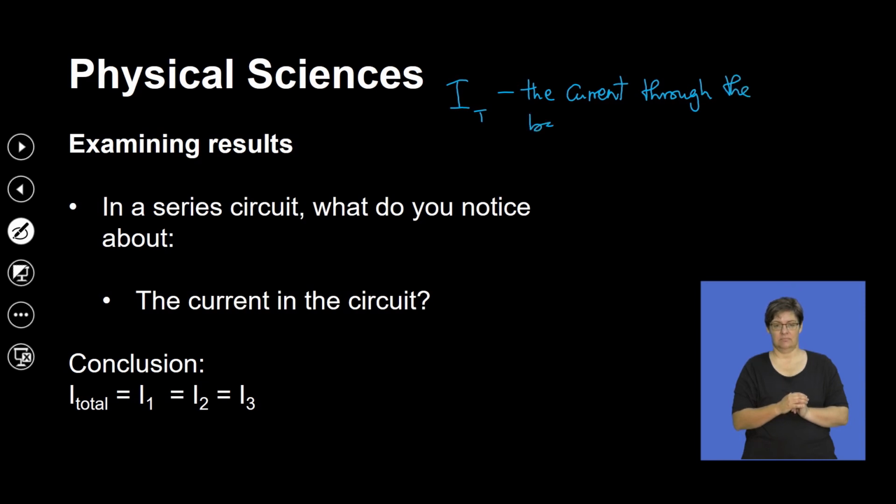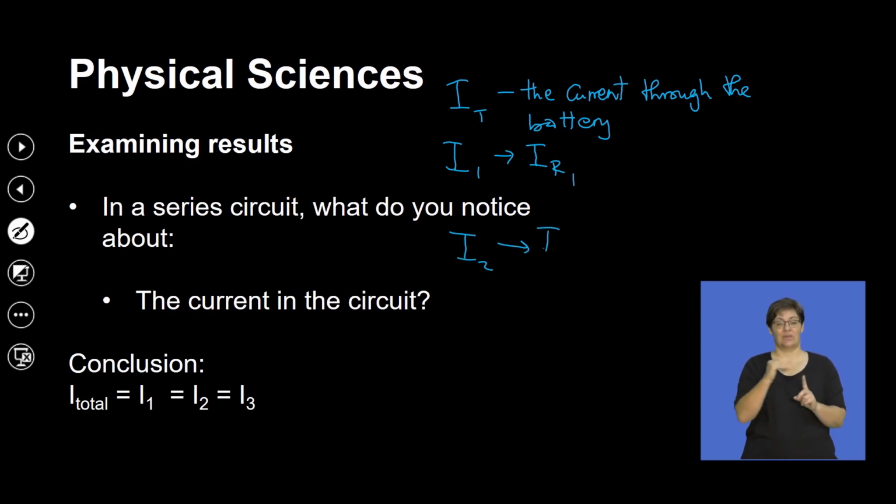When we talk about I1, sometimes it will say the reading on A1. A1 is the ammeter that registers the current passing through R1. So this is the current through R1. And I2 is the current that passes through resistor 2, and so on.